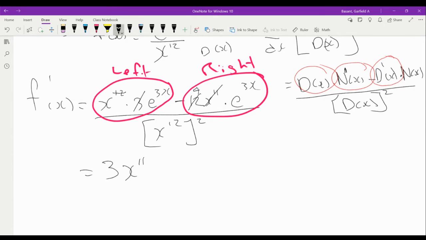What else can we factor out? How about the e's? Can we factor those? E to the 3x. All right, I think that's all we can factor out. So what's left on the left side? You sure?